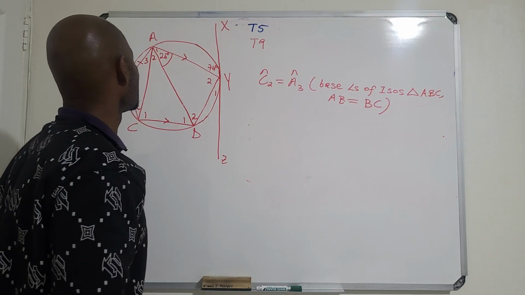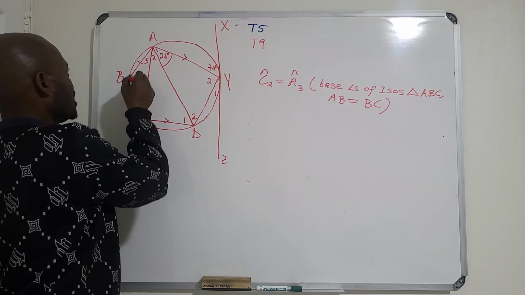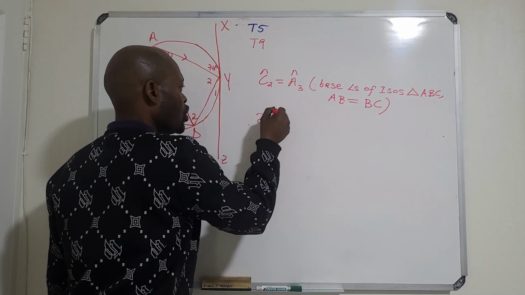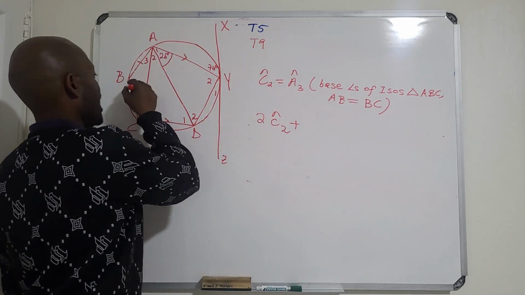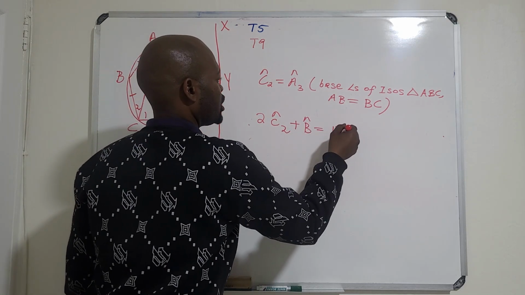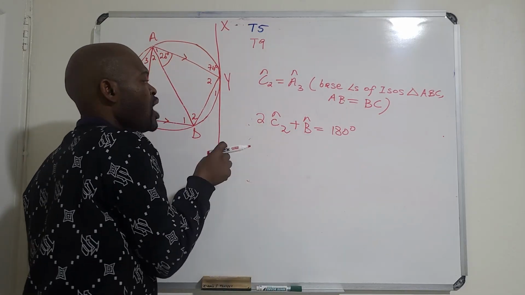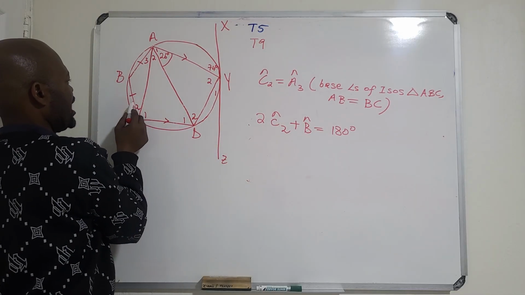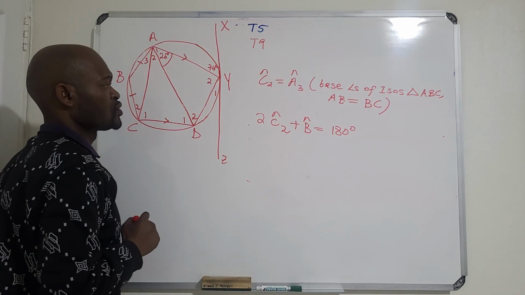But in actual fact, since this is equal to that, we're going to have 2 angle C2 plus angle B equals 180 degrees. How did we reach this part? No need for us to even add this plus that.